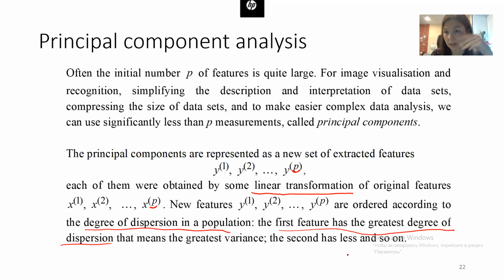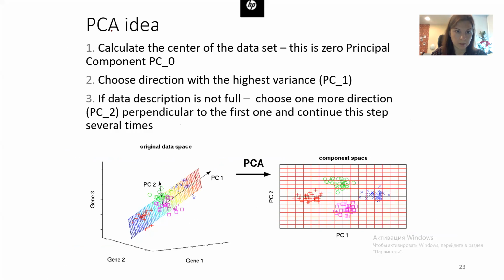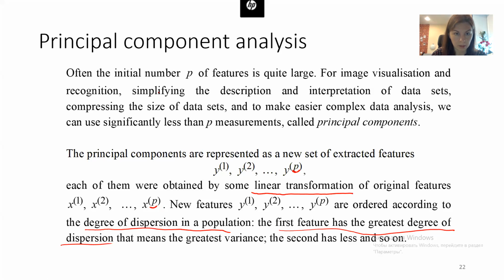The first one has the highest variance, the second less, and so on. The first principal component has the highest variance, and we are finding the direction where the variance of the dataset will be the highest.